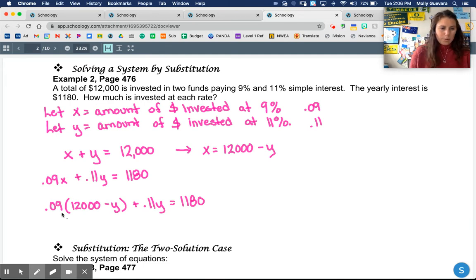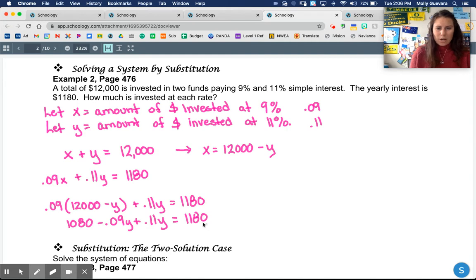I'm going to distribute. So 0.09 times 12,000 is 1,080 minus 0.09y plus 0.11y equals 1180.